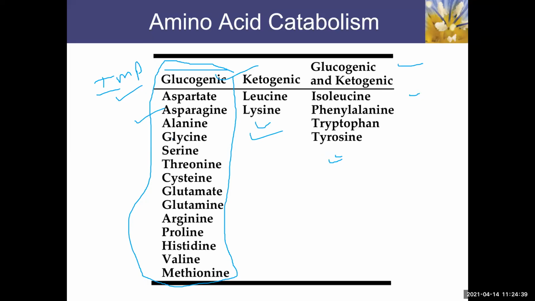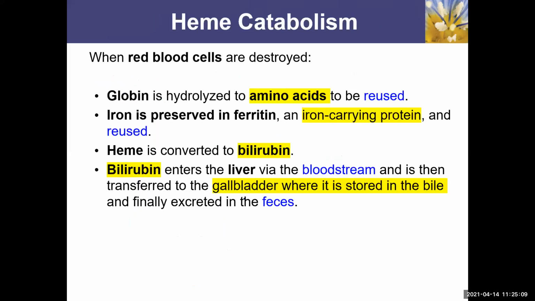Isn't that a smart way to memorize things? Do you agree? So no need to memorize that one. Just memorize which ones are ketogenic. There are just two of them which are ketogenic, which are used to produce the ketone bodies or fatty acids. But then there are some which are both, glucogenic as well as ketogenic. So obviously the glucogenic ones will be covered automatically.